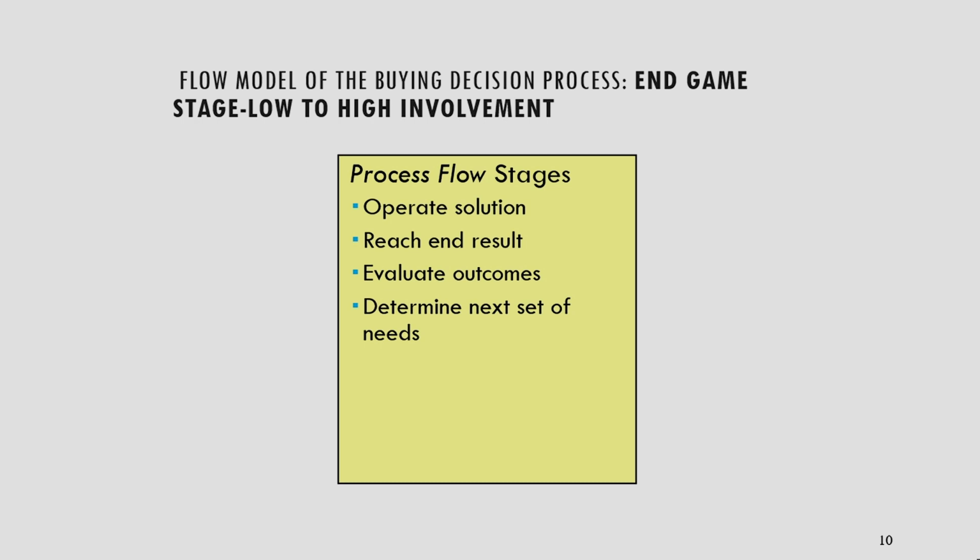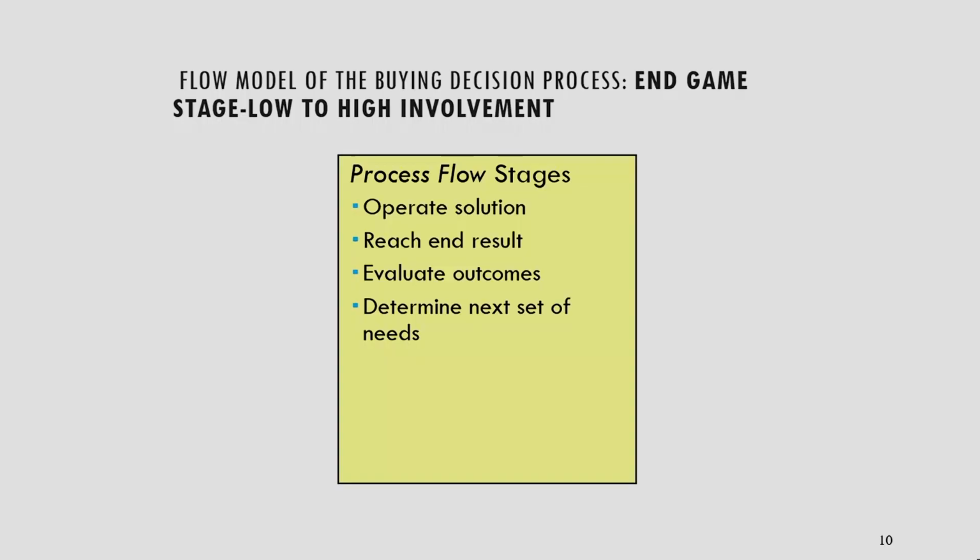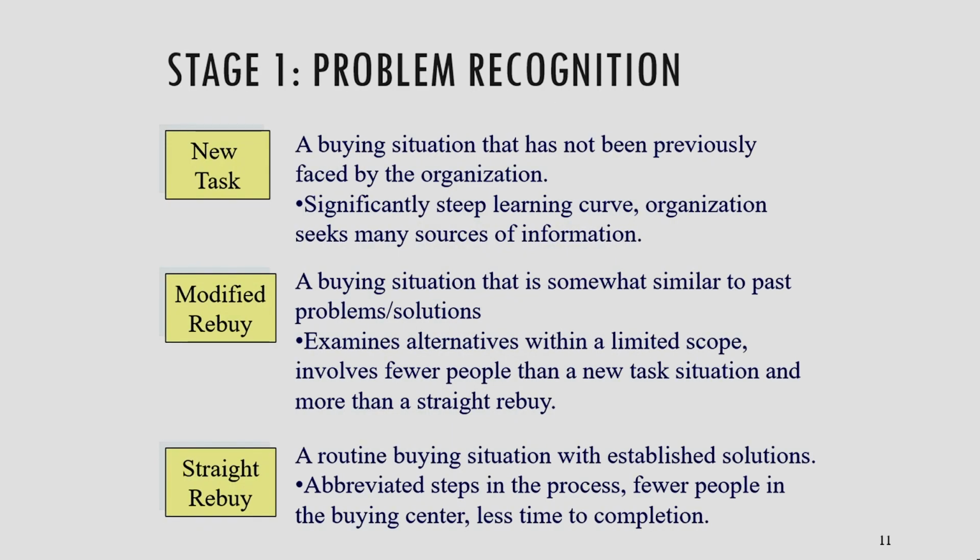The installation stage or post purchase stage, which sometimes is called the end game stage, is also a transition from low involvement to high involvement, because there will be many things happening when the plant is being installed and tested. Faults will often emerge, faults will be rectified, certain changes may be made even at that stage through mutual negotiations. Sometimes the next set of needs are created from the post purchase experience, post installation.